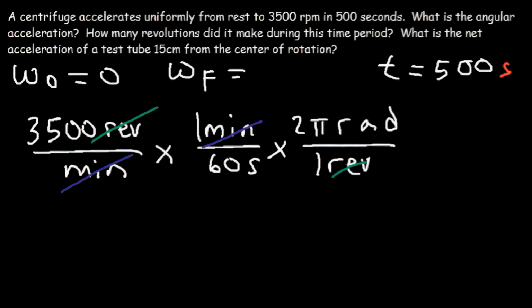So now we have the angular speed in radians per second. So it's 3,500 times 2 pi divided by 60. So the final angular speed is 366.5 radians per second.